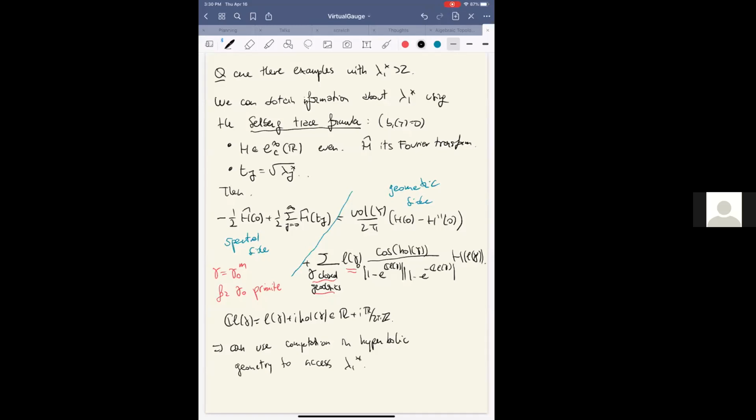In principle, of course, we can only do some finite computation, and then using this finite computation of geodesics, you can try to find good test functions h for which you can extract information about your spectral side. Here we follow Bucher and Strömbergsson.